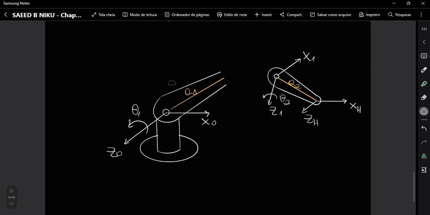And now we need to rotate till x0 is parallel with x1.